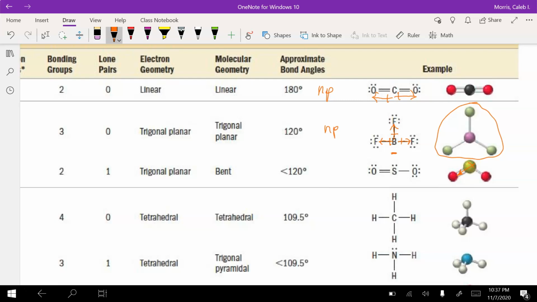And if it was linear, which is kind of what it looks like here, then those dipoles would just oppose each other and they would cancel each other out. That's not really what's happening because it's a bent shape. So our dipoles, got two of them, and if you were to add them together, they point down. So that makes this polar.